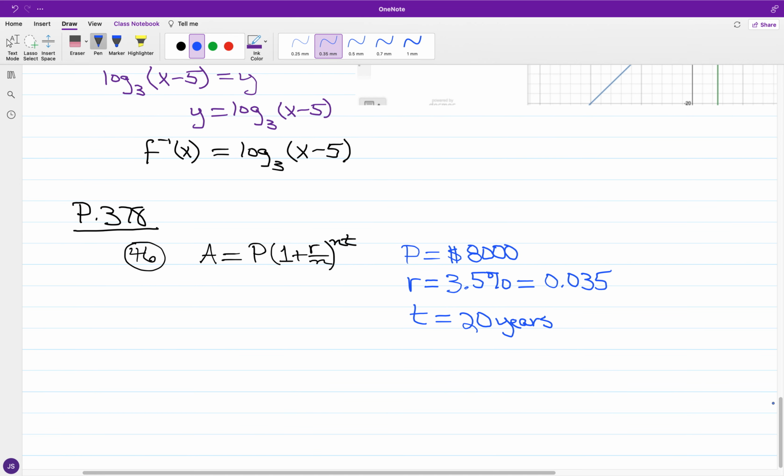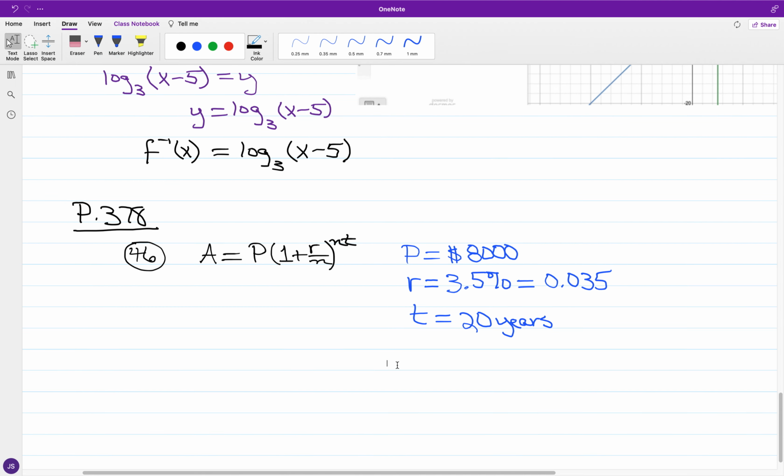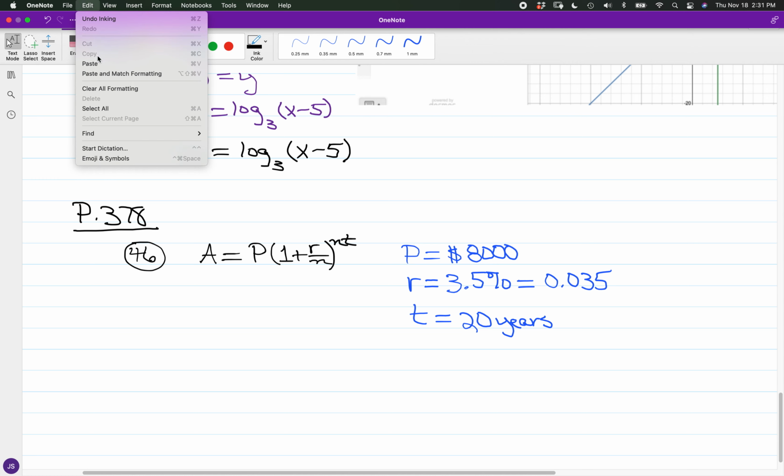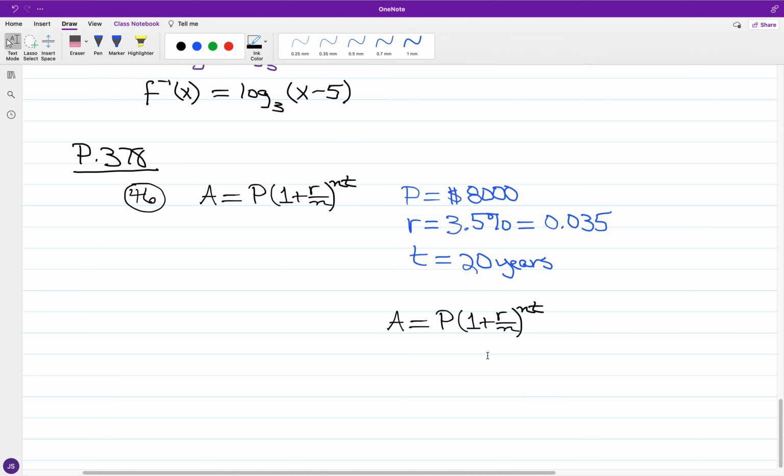All right, so we have the setup here. So this is our formula between the annual and the daily compounding. Looking at what we have now, starting out with annual compounding, we'll have n is equal to 1.